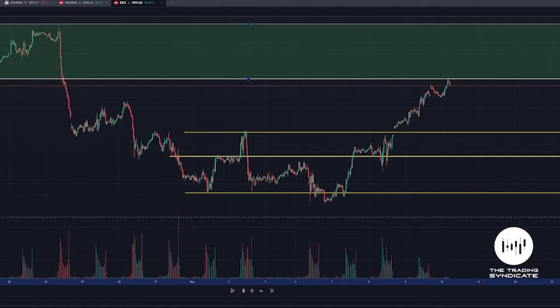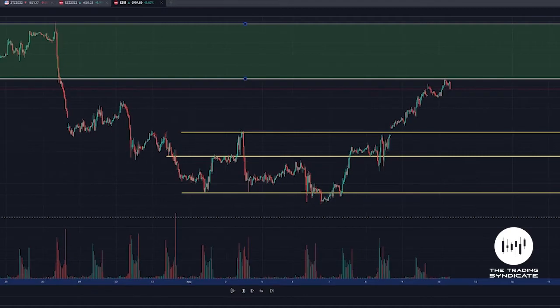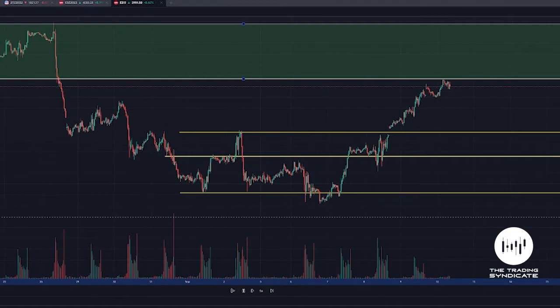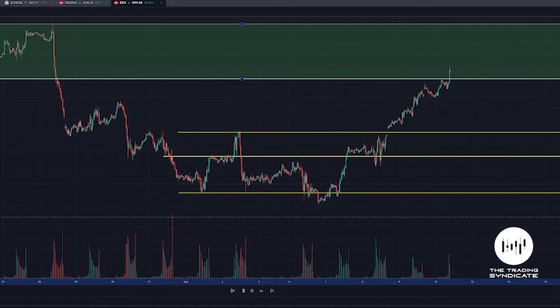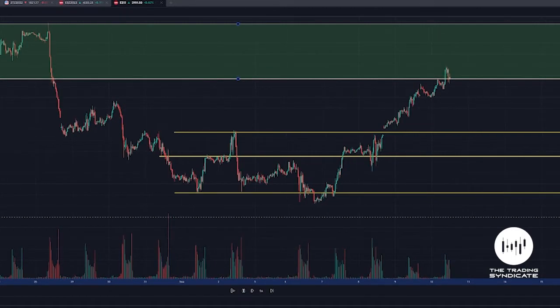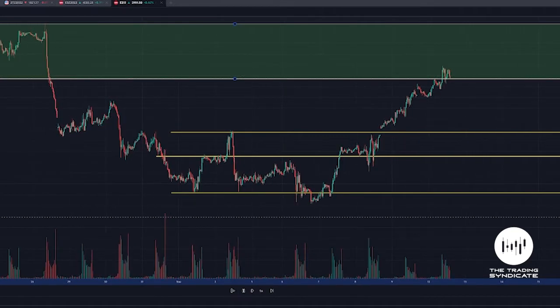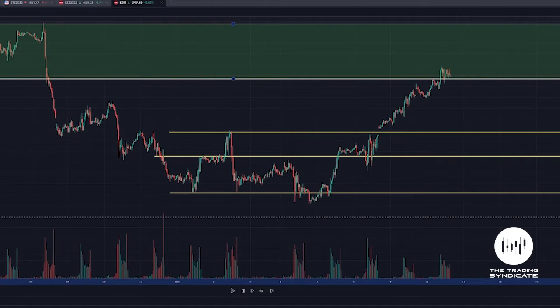Once we hit our old supply, profit taking, selling, and ultimately the restart of a new cycle.